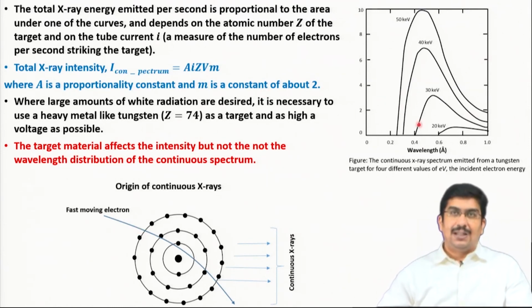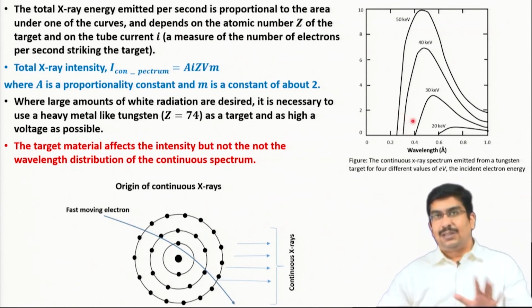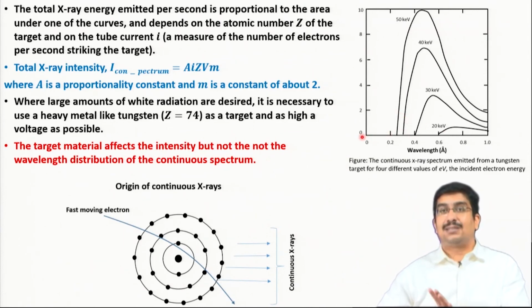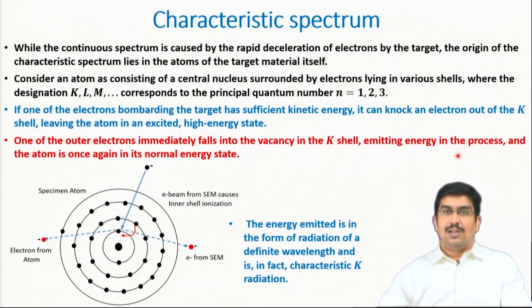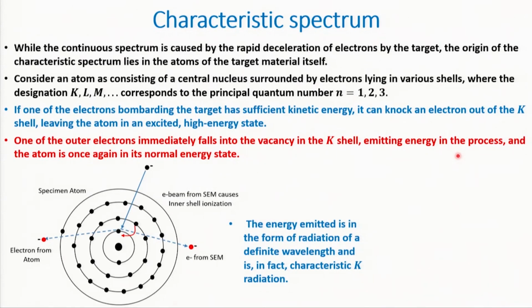The shape of these curves will change due to the tube current. If I increase the tube current, all of these curves will move towards the left, but this typical shape of the curve will not change unless I change the target anode material. Okay, that is what it is. So we will stop here and we will continue with the characteristic spectrum in the next class.